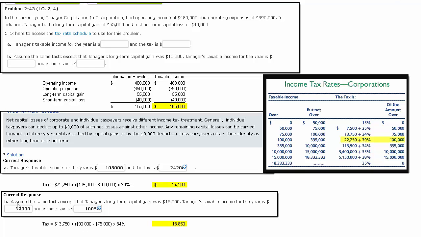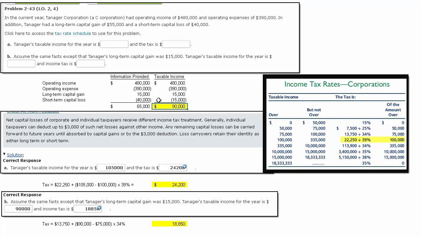Okay, now I slid up so that we can show part B. And part B says, assume the same facts except Tanager's long-term capital gain was $15,000. Okay, well, if this was the case, then that $15,000 would flow over to taxable income, but we can only deduct short-term capital losses equal to the amount of capital gains, so that would be reduced to just $15,000.